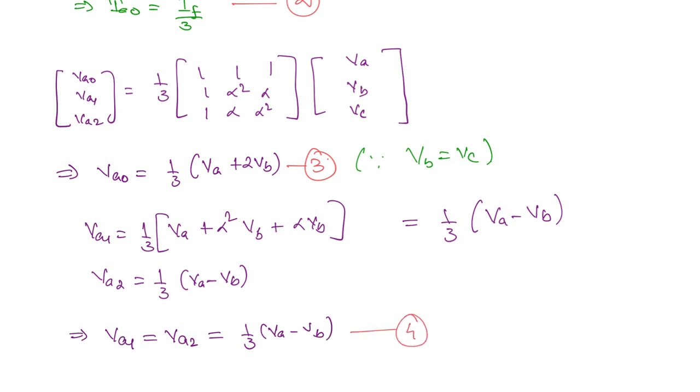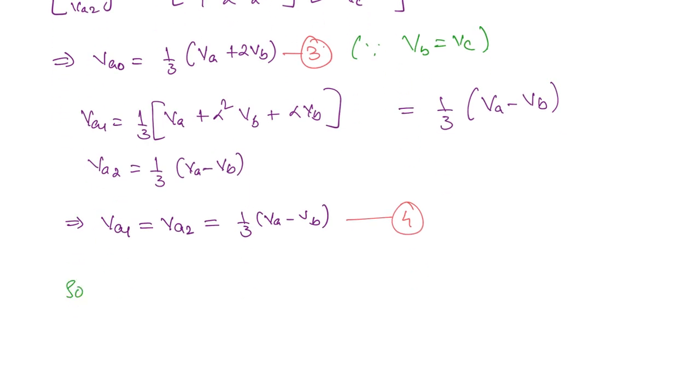Now you have to solve equation 3 and equation 4 for the two unknown variables VA and VB. Solving equations 3 and 4, only VB is enough for us. For VB, we get VB is equal to VA0 minus VA1.